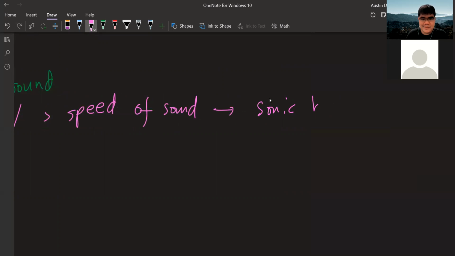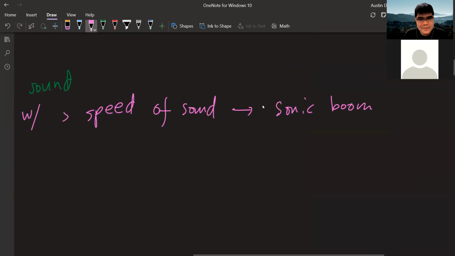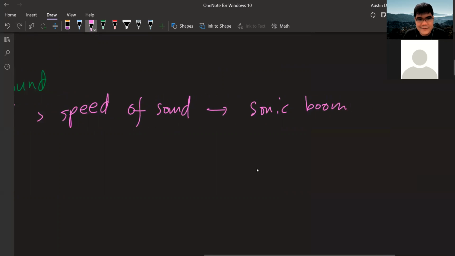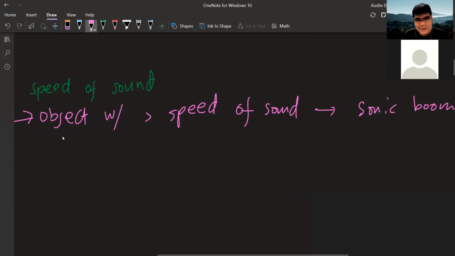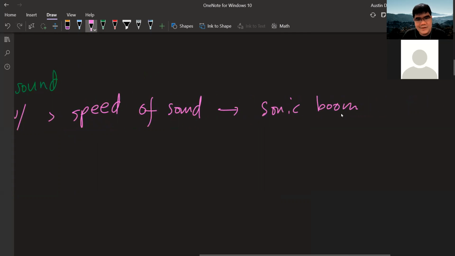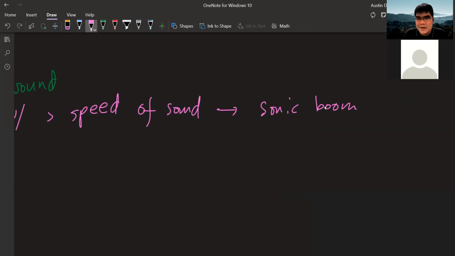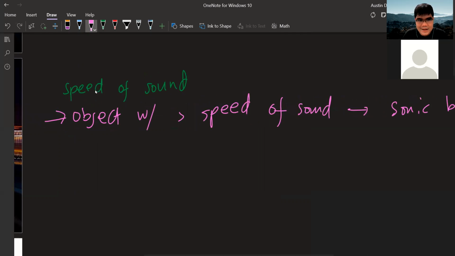Okay? So, parang may sumasabog na event kapag na-reach ng isang object yung speed of sound, nagpo-produce siya ng sound, which is yung sonic boom. Okay, what if ma-exceed natin yung speed of light?